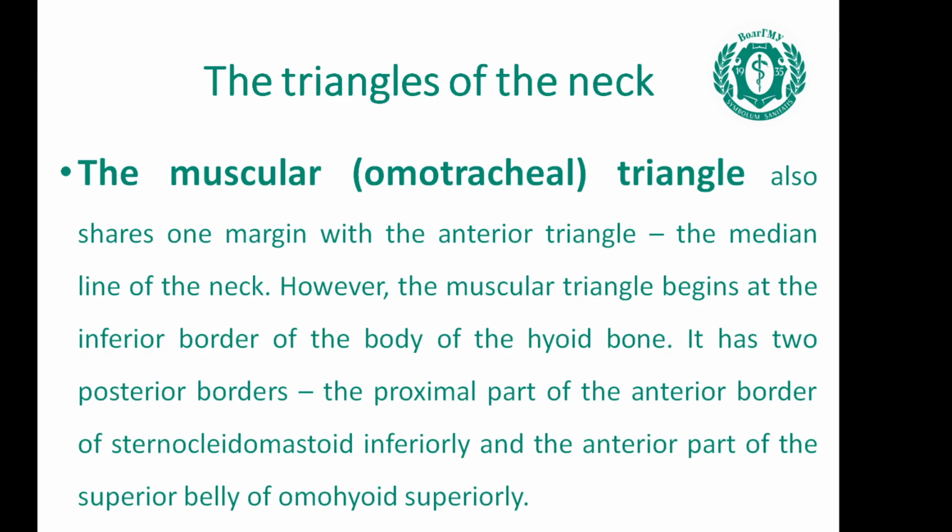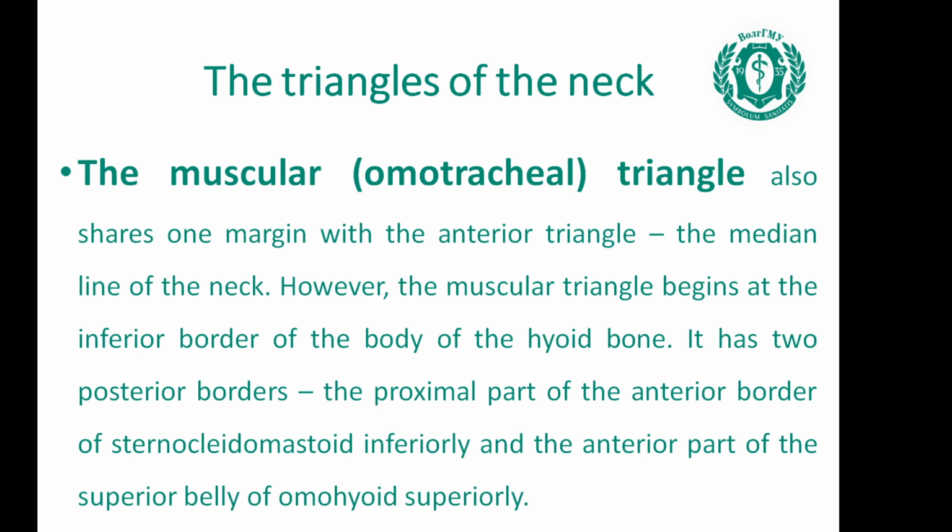The muscular or omotracheal triangle also shares one margin with the anterior triangle, the median line of the neck. However, the muscular triangle begins at the inferior border of the body of the hyoid bone.